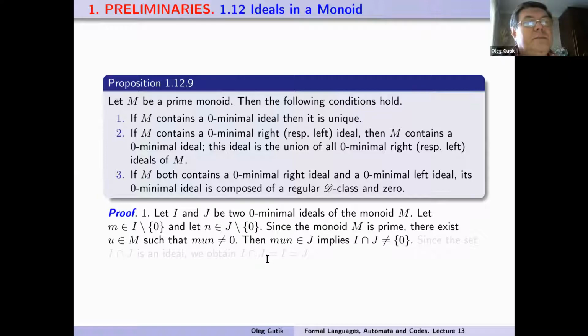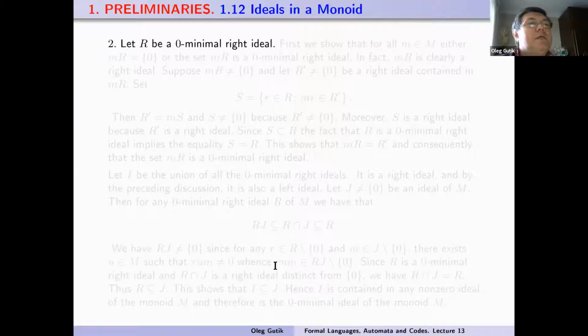Then M U N belongs to I capital intersection J capital, which implies that I capital intersect J capital is not equal to 0. Since the intersection of I capital with J capital is an ideal, we obtain that I intersection J is equal to I and equal to J.